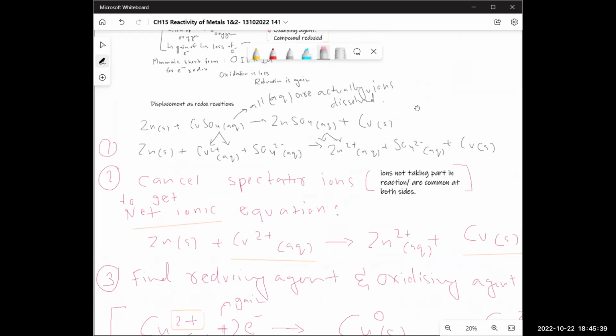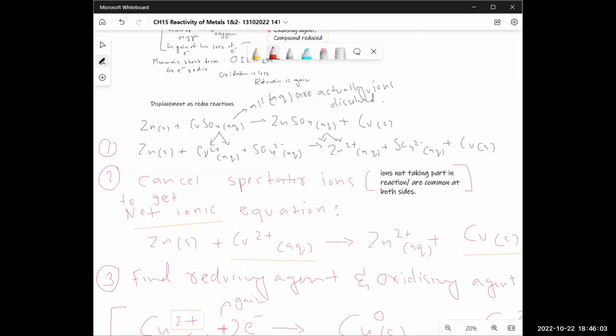Sometimes it's confusing. It will be given in the question. And all salts usually are going to be aqueous. When you're adding it to water, it has to be aqueous. But if you take just a metal, it's always going to be solid. So metals are solid and solutions are aqueous.